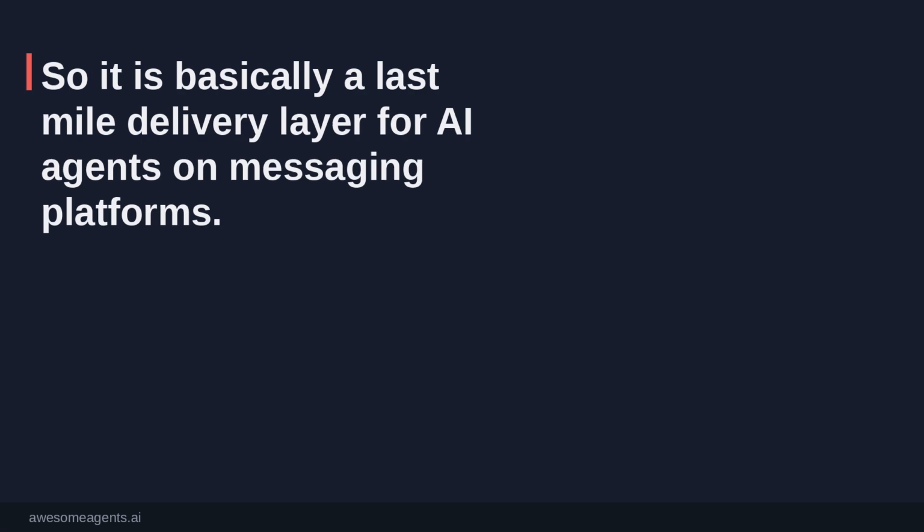Now here is what caught my eye. The real pitch seems to be AI agent deployment, not just chatbots. You nailed it. The post function accepts an AI SDK text stream directly. So you call Claude, GPT, Gemini through the Vercel AI SDK, pipe the streaming response into the chat SDK, and it handles delivery per platform. So it is basically a last mile delivery layer for AI agents on messaging platforms.